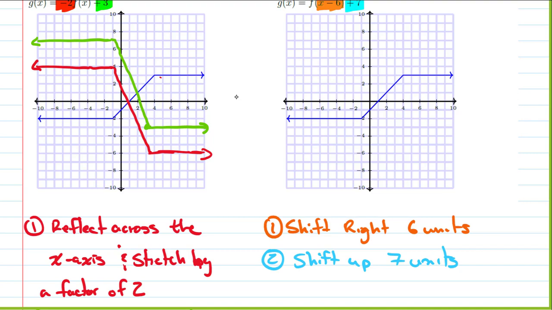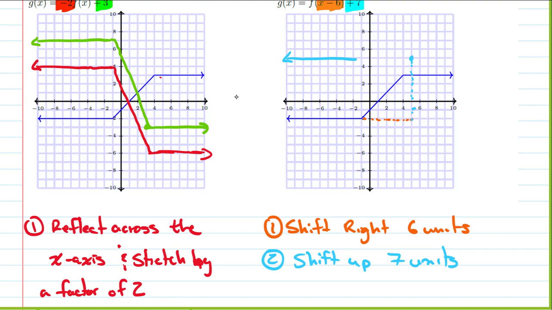So if I do each of these, I'm going to shift right 6 units. So I go 1, 2, 3, 4, 5, 6. And then I'm going to shift up 7 units. So 1, 2, 3, 4, 5, 6, 7.